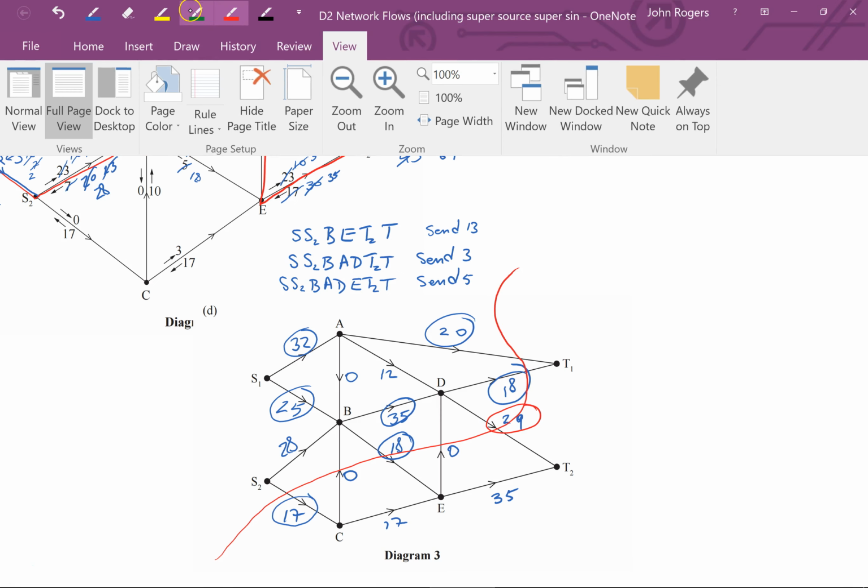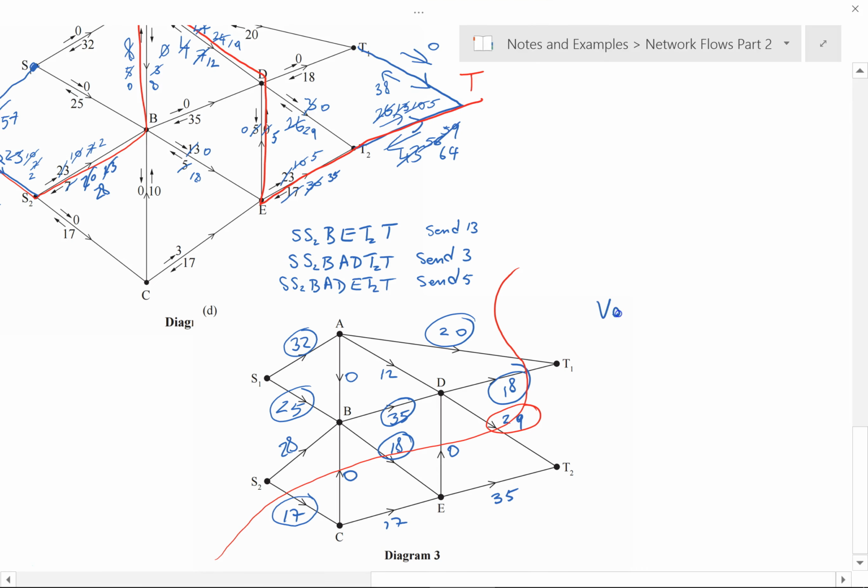Okay, so value of cut. I'll put the edges, but if you're in a rush in the exam, you're almost certainly going to get away with not listing the arcs that the cut is going through.